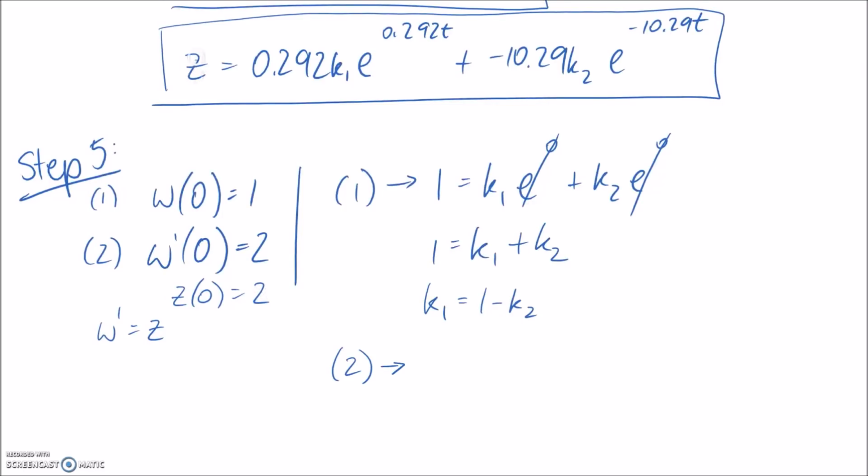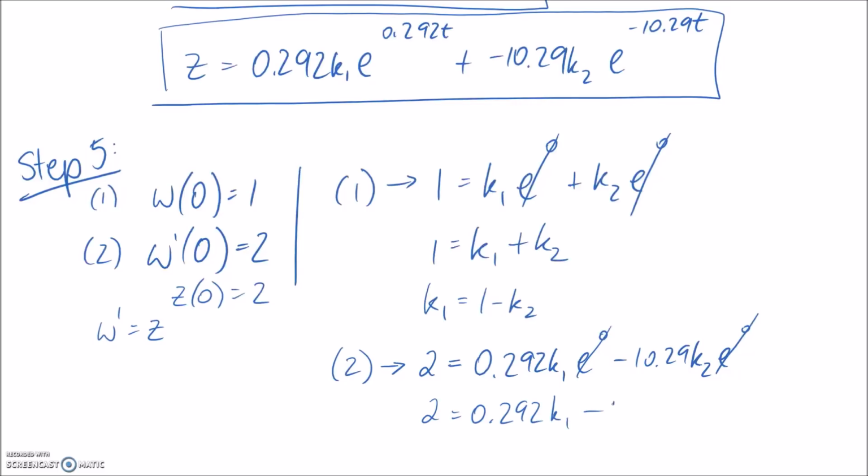So 2 is going to be set to z, and then t is 0. Like that. So again, we've got e's to the zeros, which are going to drop out, and we can write our equation a little bit nicer.